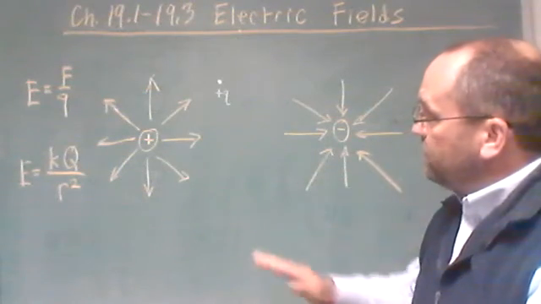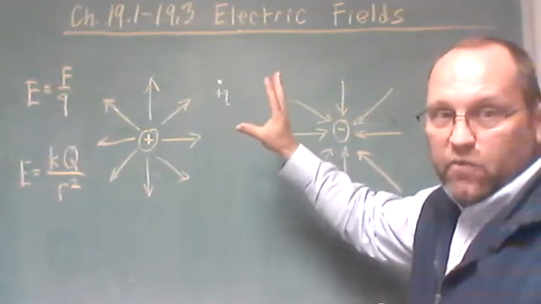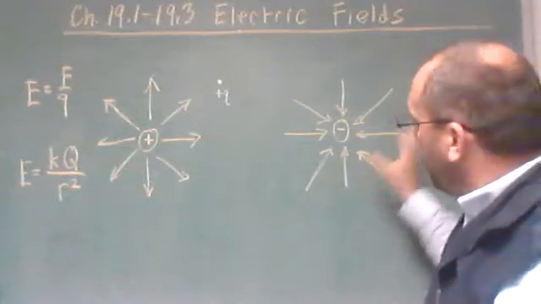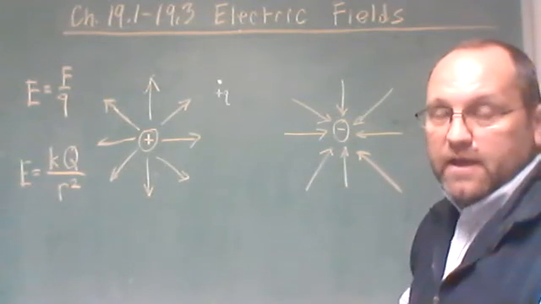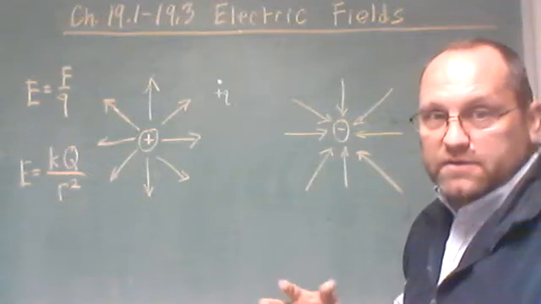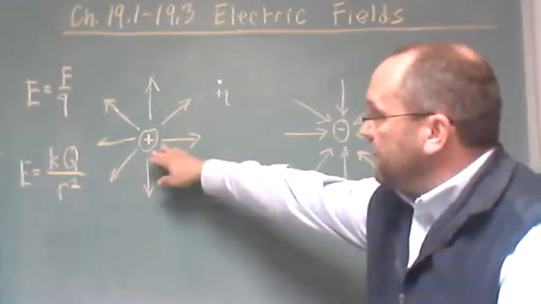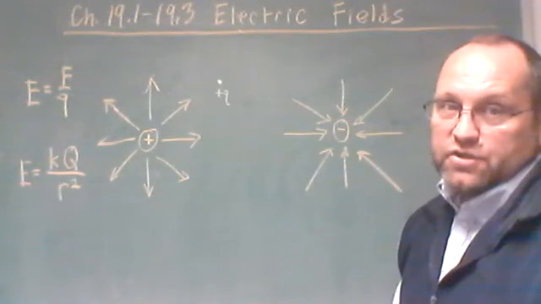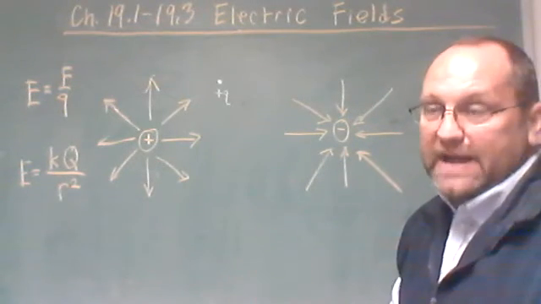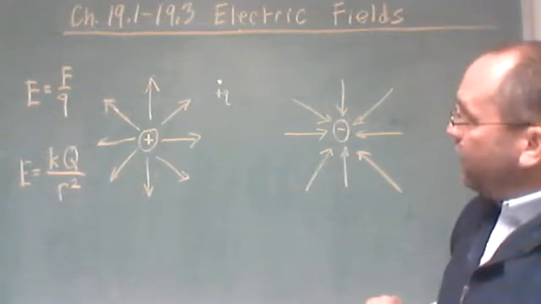And we notice they proceed radially outward or radially inward. Just like gravity, it's a central force. It acts towards the center of the charged particle. It acts away from the center of this charged particle, radially outward.